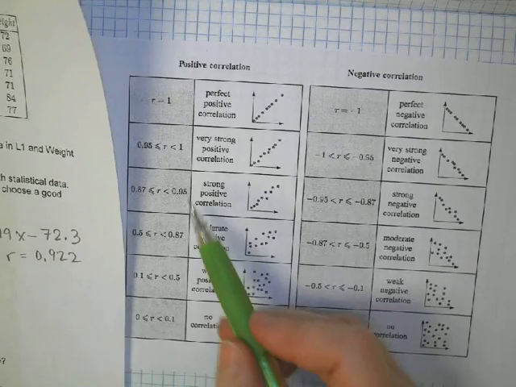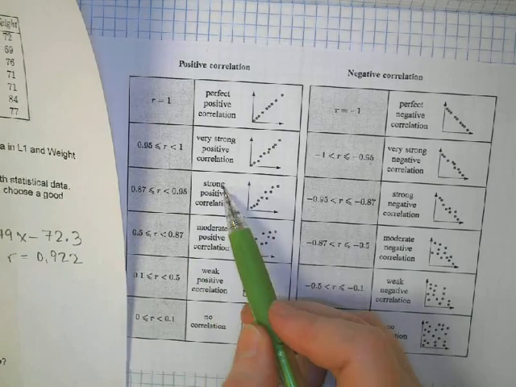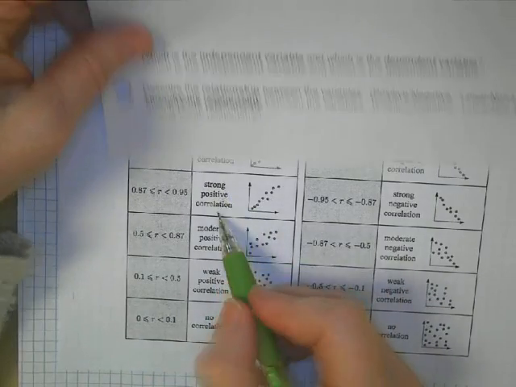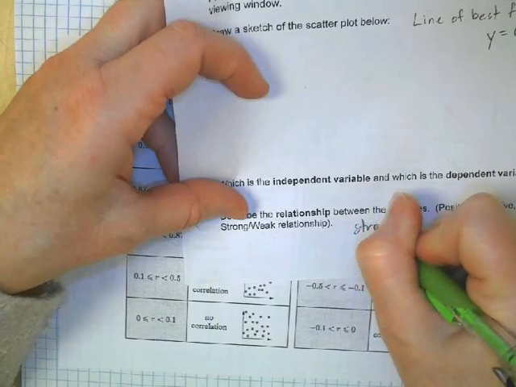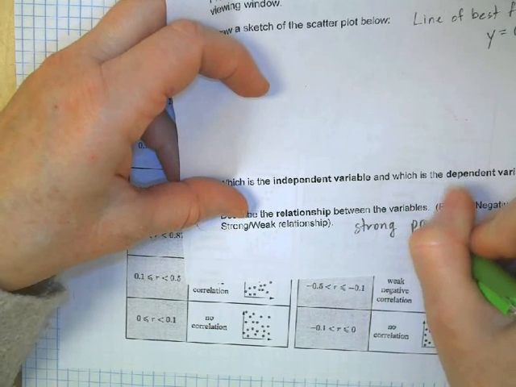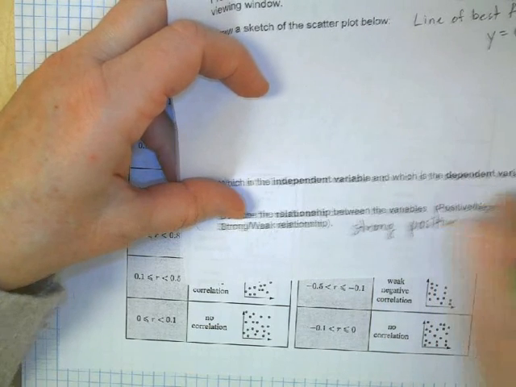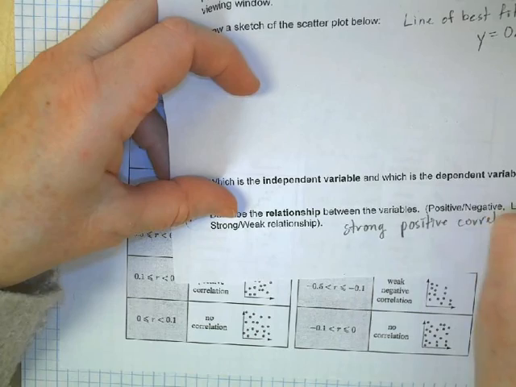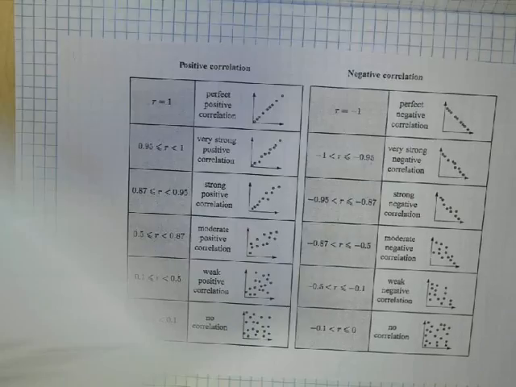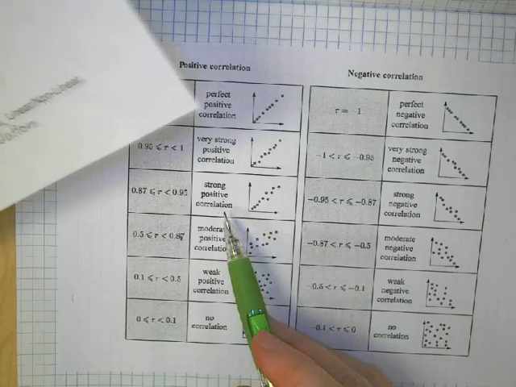So how would we say that? We would say that would be right here. That's a strong positive correlation. So describe the relationship. I have a strong positive correlation. But you still need to enter in all the data and figure out yours. Okay, so I had a strong positive correlation looking at this chart.